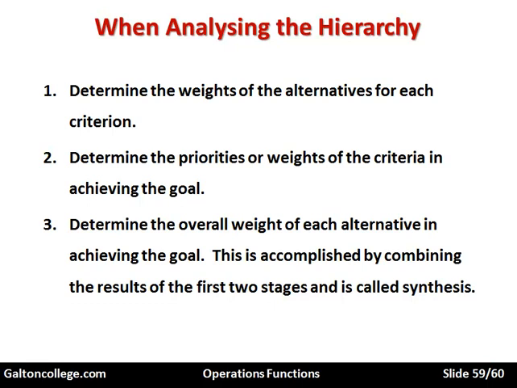Determining the overall weight for each alternative in achieving the goal. This is accomplished by combining the results of the first two stages, and is called the synthesis. So we take the criteria, let's say the cost of the items, or the reliability of the items in terms of the number of breakdowns they're going to have over the coming year on average.